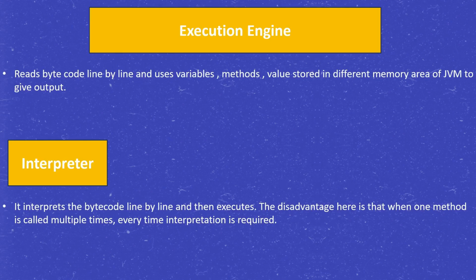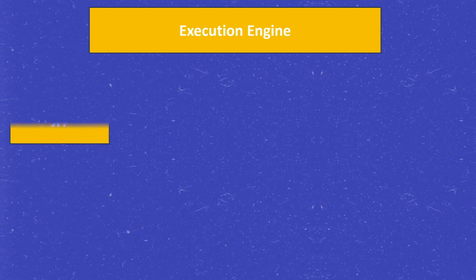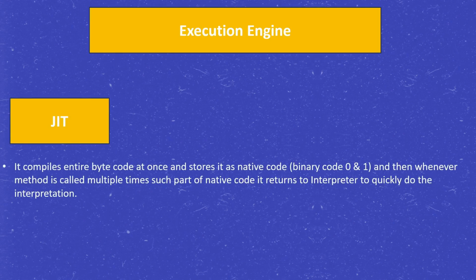To overcome this scenario, in Java we have something called the JIT, the just-in-time compiler. So in Java you have both an interpreter and a compiler. The compiler will compile the whole of your code in one go and store that native code. Native code is machine code or binary code in the form of 0 and 1.